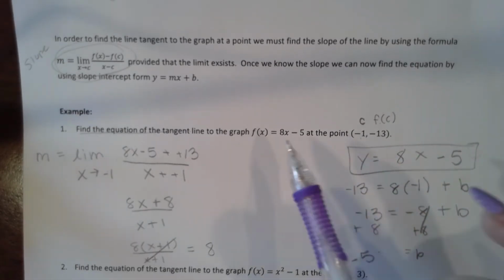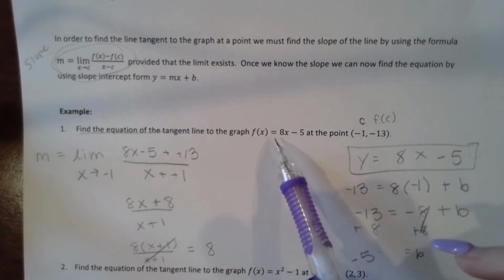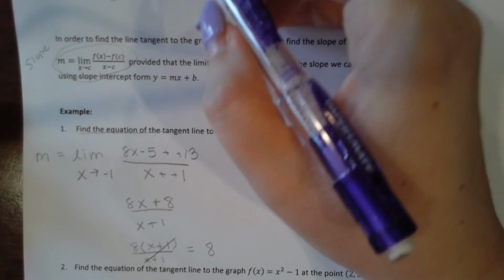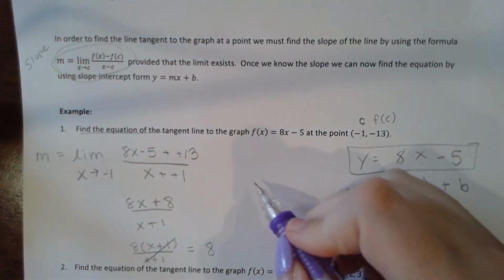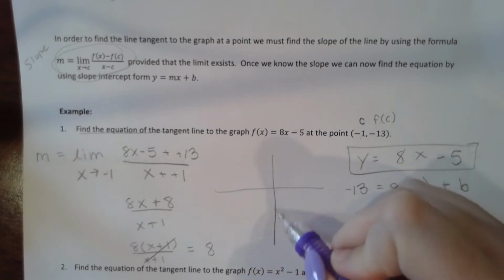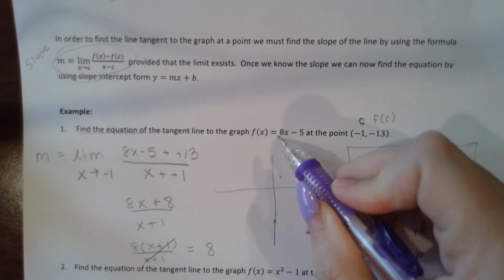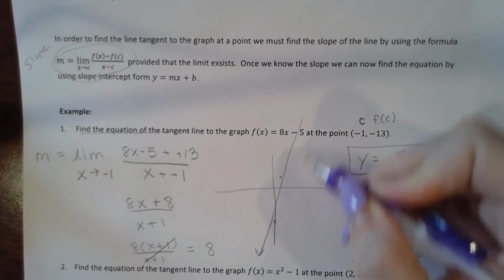Now, if you notice, these are the same thing. And that's only going to happen because this is a line. Because let's think about it. If I want to find the slope of a curve, well, our curve here is 8x minus 5. So that means we went down to -5, and we went up 8 over 1, up 8 over 1, and we got this line here.